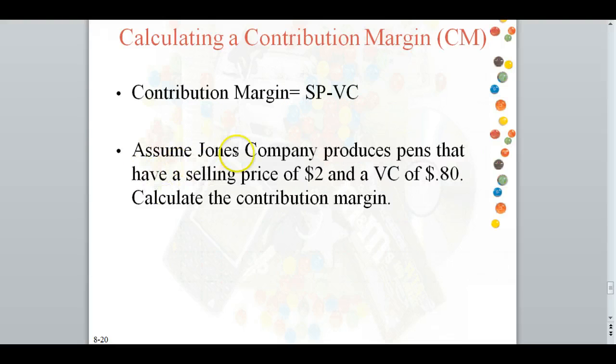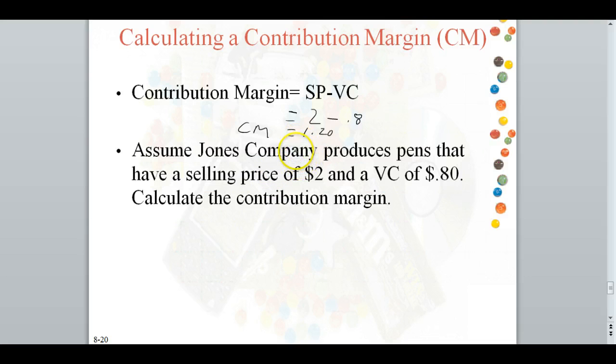Okay. So assume Jones Company produces pens that have a selling price of $2 and a variable cost of 80 cents. Calculate the contribution margin. So the contribution margin equals selling price $2 minus our variable cost of 80 cents. That leaves us with a contribution margin of $1.20.